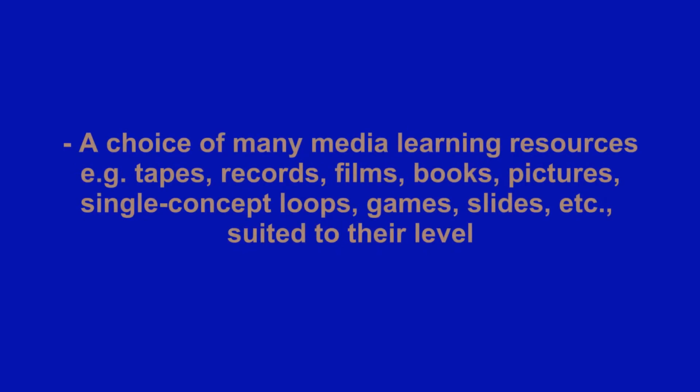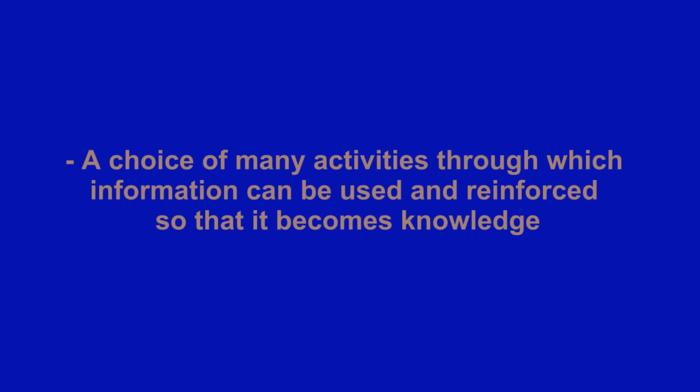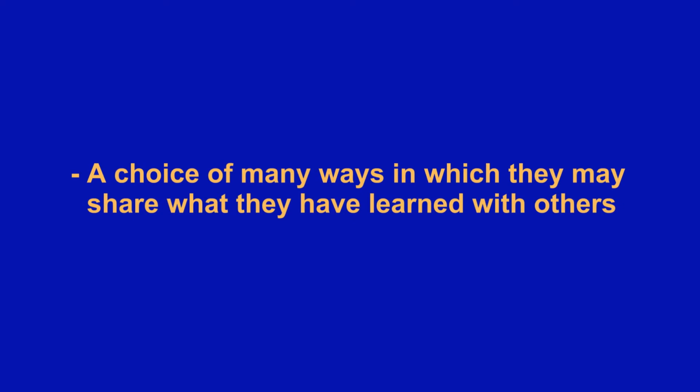Examples would be tapes, records, films, books, pictures, single concept loops, games, slides, etc., which is suited to their level. A choice of many activities through which information can be used and reinforced so that it becomes knowledge, and the choice of many ways in which they may share what they have learned with others.